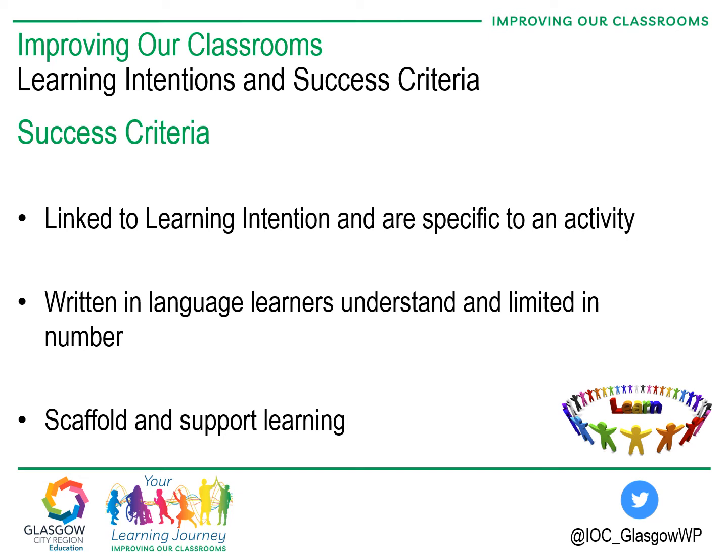So gauge very carefully the amount of scaffold that you give children in a success criteria, and be aware of those glass ceilings, be aware of those limitations, and we'll address that again. It should support and not inhibit. Okay, so perhaps, for example, if you're saying to a child, and we talk about this again about numbers and success criteria, to use 3 wow words, that could be a good support to the child, it could be, yeah, that's what I need to do.